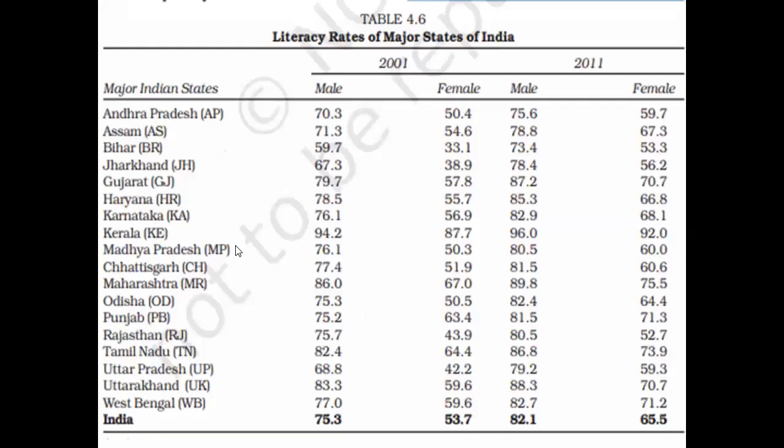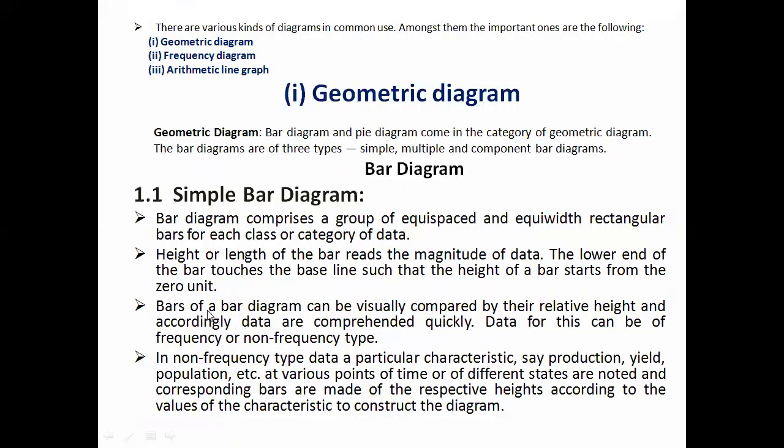Bars of a bar diagram can be visually compared by their relative heights, and accordingly data are comprehended quickly. The data for this can be of frequency or non-frequency type.